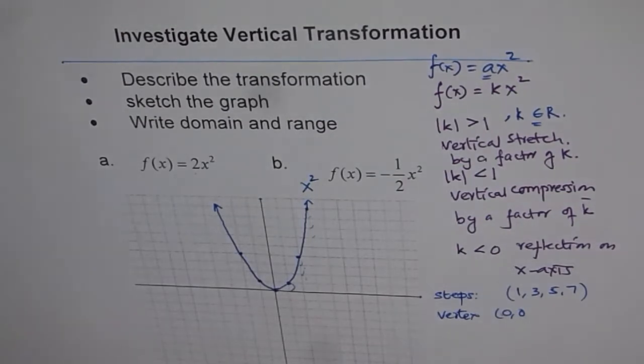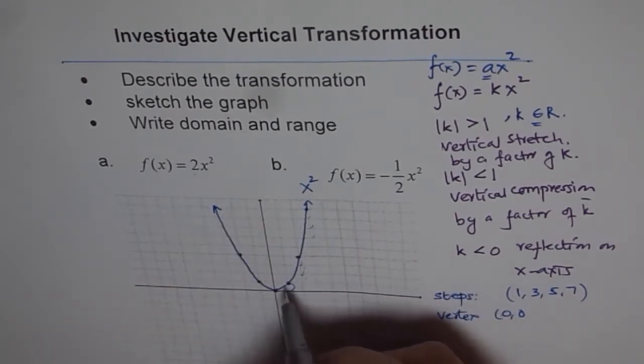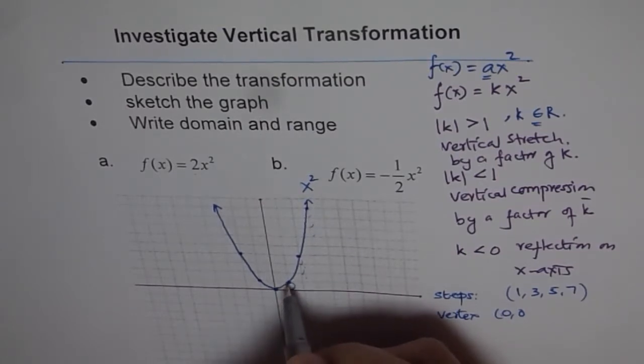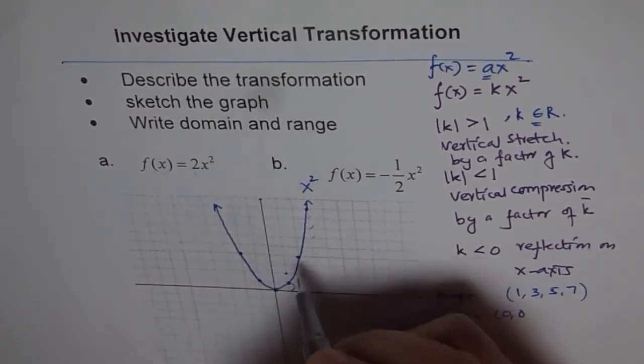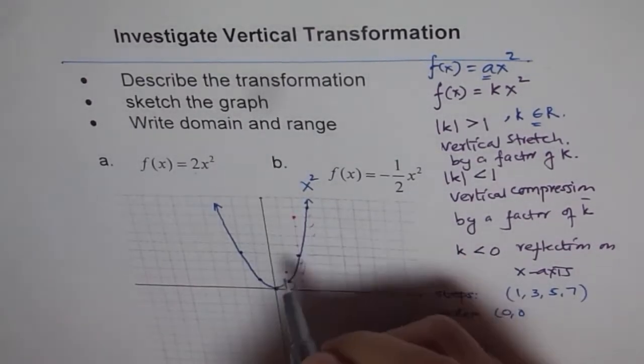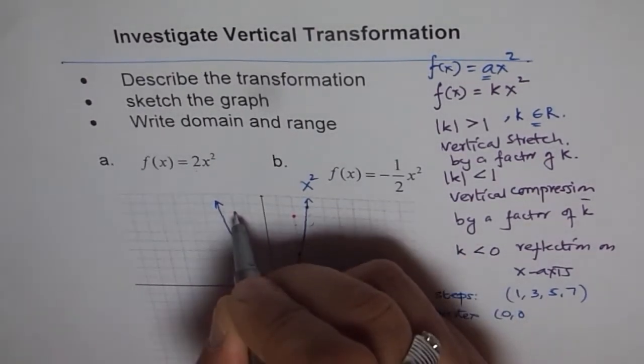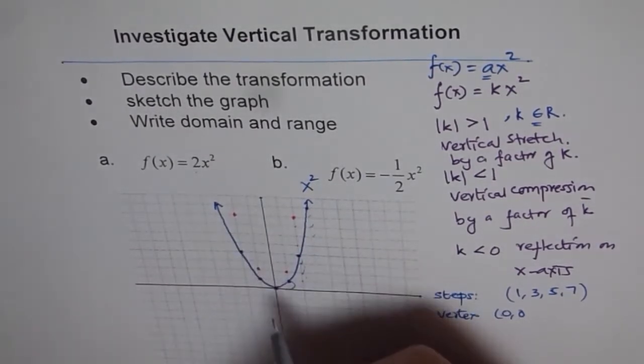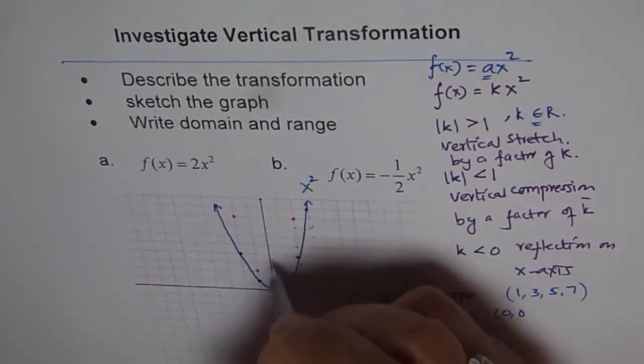Now, on the same graph, let us draw the function 2 times x square. 2 times means multiply each value by 2. Only the y values, x remains the same. So here y is 1, 1 times 2 is 2, so it comes here. The y is 4, there's 1, 2, 3, 4, 4 more units. Similarly, these places, right? So you get your transformed points. Join them.